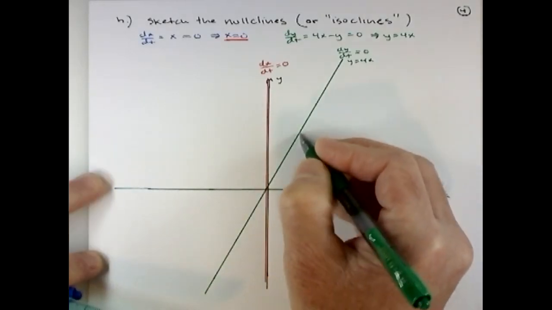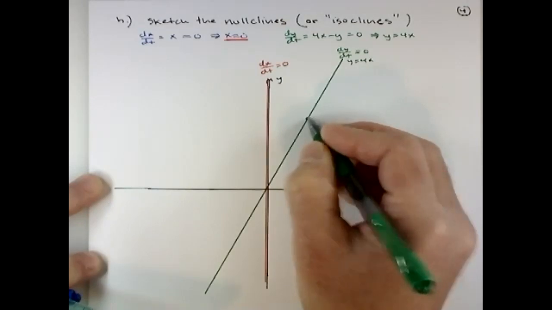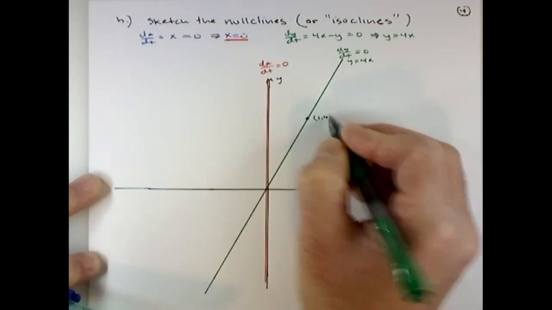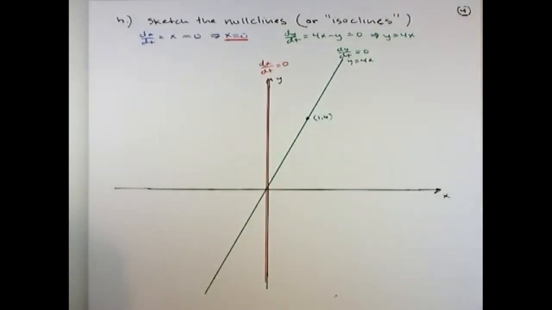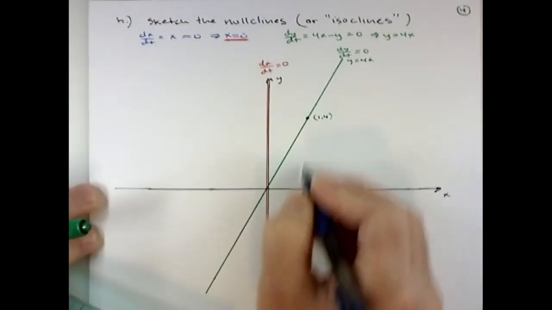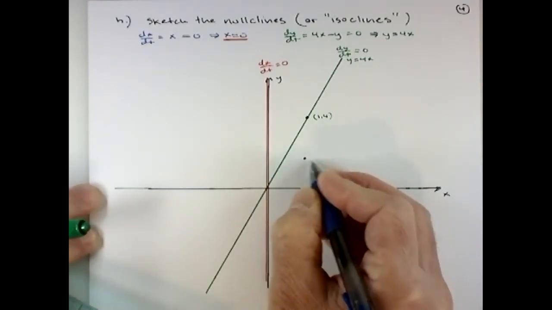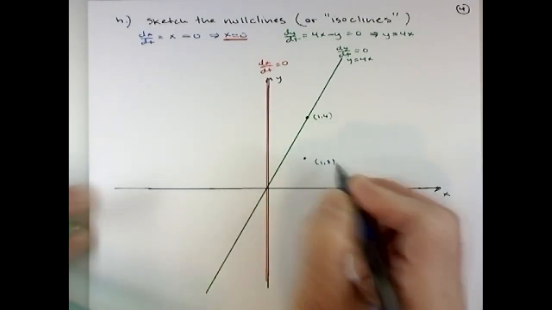A point on the line y equals 4x would be 1, 4, right? If x is 1. So 1, 2 would be going over 1 and up only 2. So let's say that's about right here, even though it may not look to scale, that's okay.